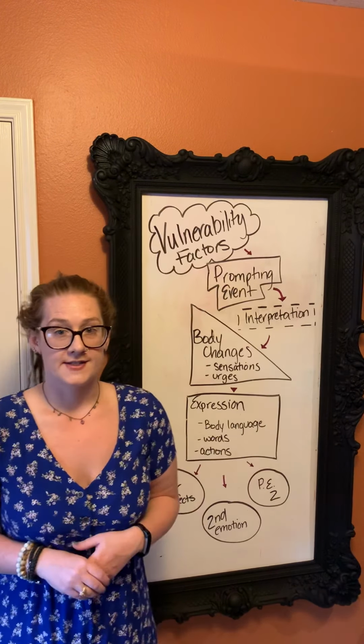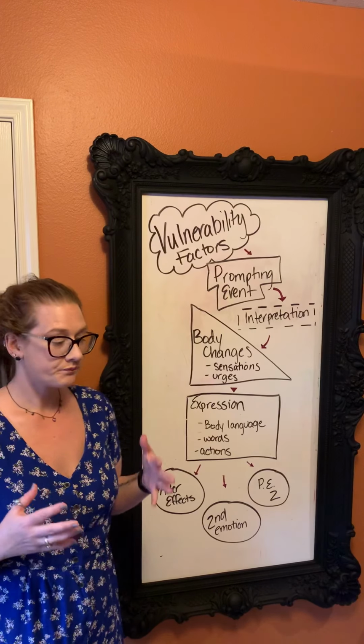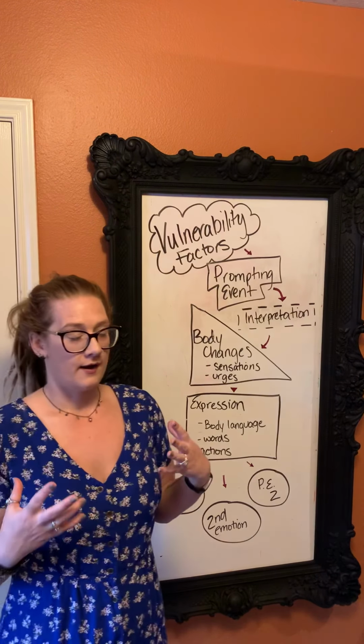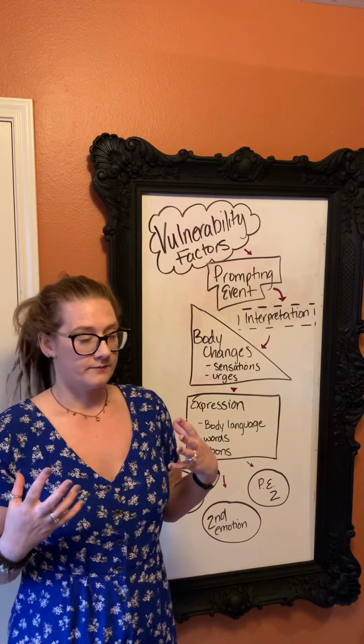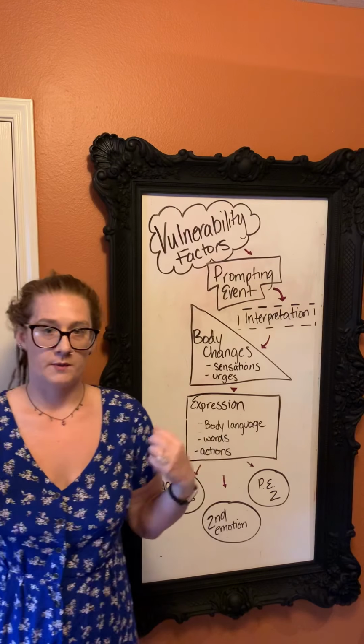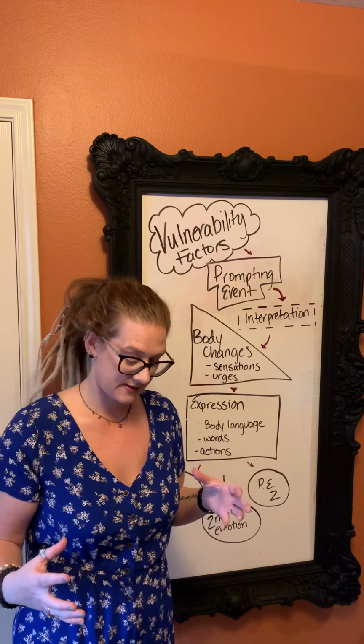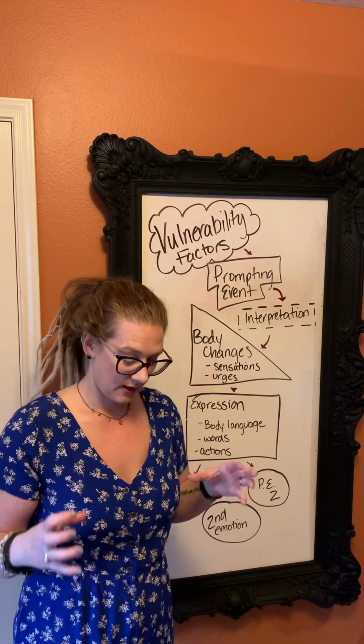Okay, so we've had the prompting event, we're thinking about what's happened in our brain, and we're also experiencing these body changes at the same time. The first body change we are experiencing is hormonal. Anxiety is going to bring about adrenaline and it's going to bring about cortisol. For us in the US, we're about 2 weeks into this, like really how it's affected our day-to-day life.